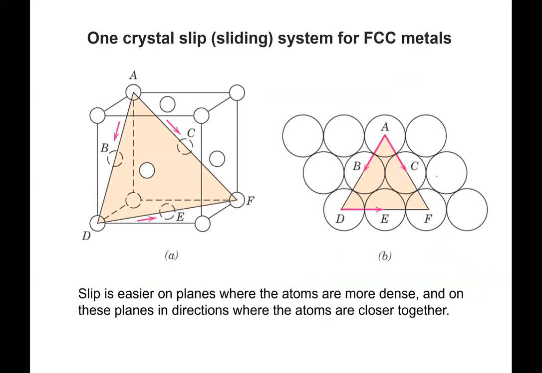All right, so that's trying to address the direction. Why did it look like they were only in certain directions? So when you're trying to slide planes over each other, it's much more efficient and it's much easier if you were to take very highly dense packing planes and move dislocations along those.